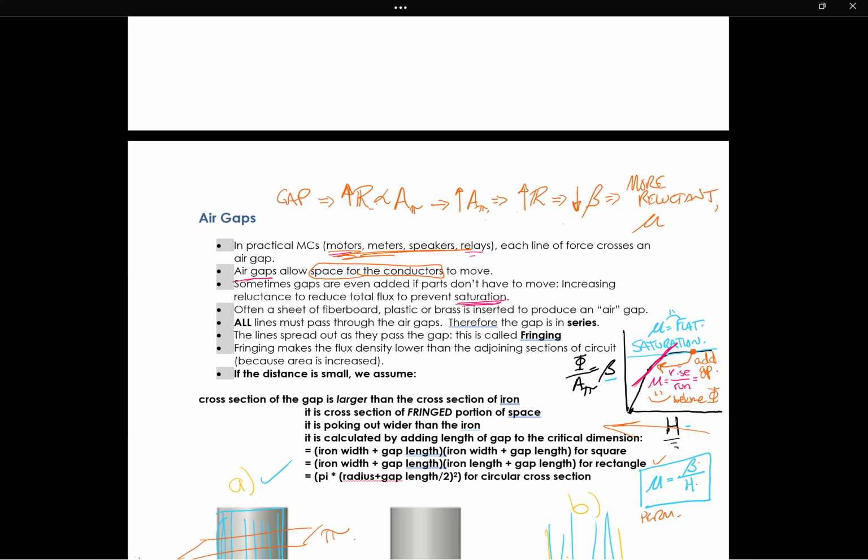Oh, so sorry. Yes, we want to decrease flux density, and the reason why this increases permeability, I was just stuck with why this increases permeability. It increases permeability because we went from here with the flat section of this curve down to here, which is the sloped section of the curve. So we did decrease flux density, which increases permeability. All right, so we've added that gap to increase permeability.